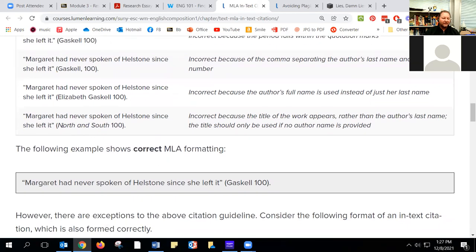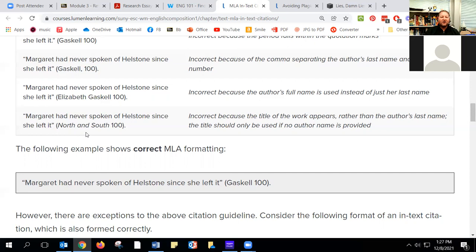This one, so let's assume that we didn't have the author's name, right? We only had the title of whatever it was, right? This one has the title of the book, but if it's a book, you're going to know the author anyway. So this example is not really a great one, but if you don't have the author's name, the first thing you're going to have is the title of the thing, right?